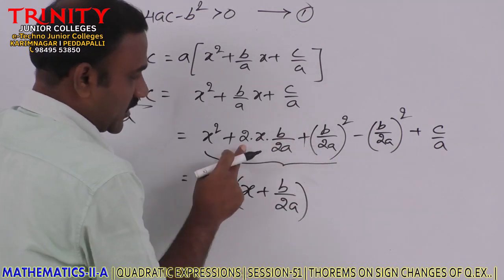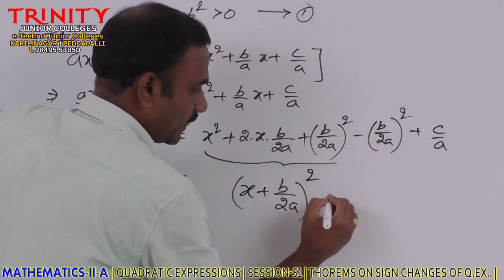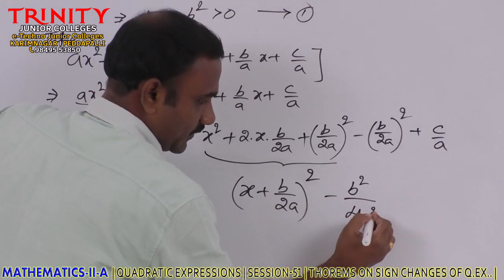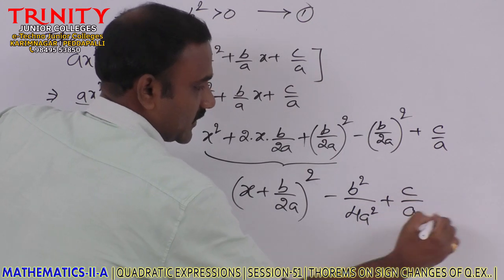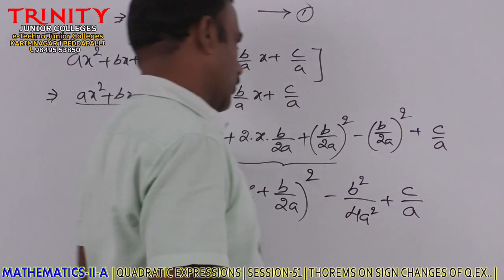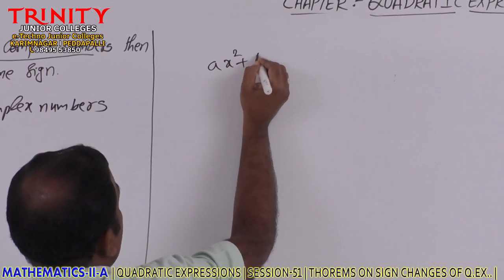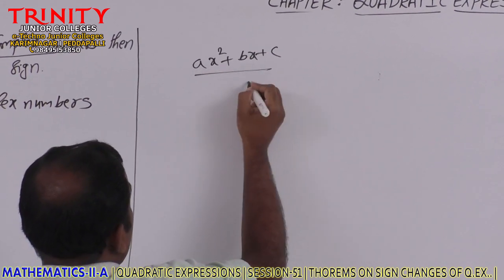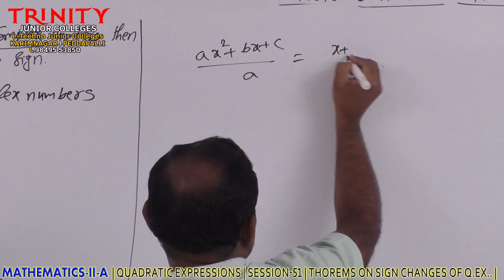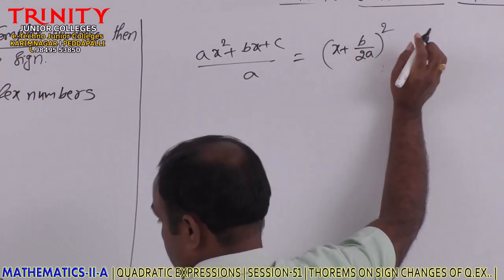It is in the form of a square plus 2ab plus b square, that is a plus b whole square, minus b square by 4a square plus c by a. Now what can we write? Ax square plus bx plus c by a is equal to, as it is, x plus b by 2a whole square.